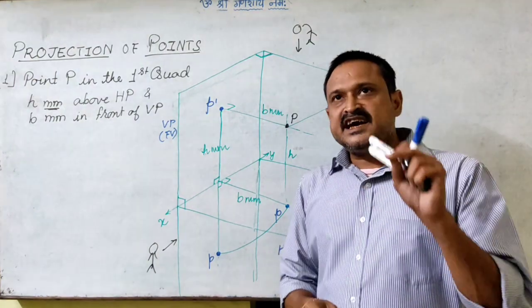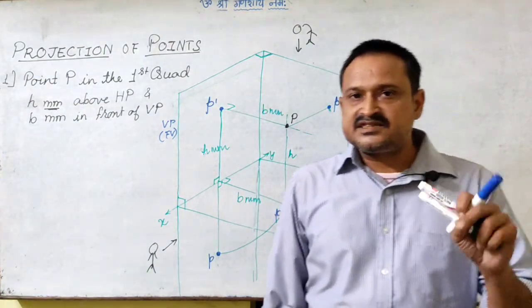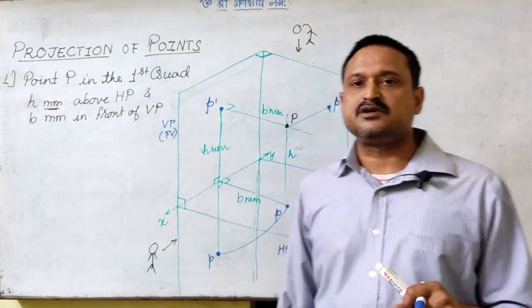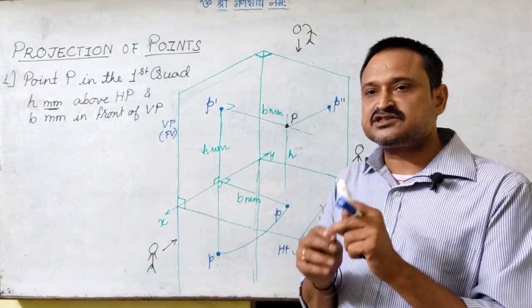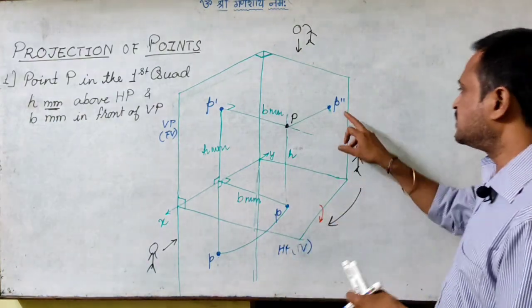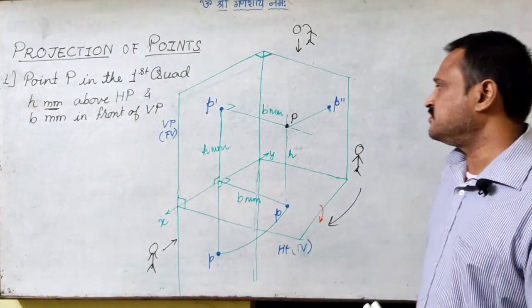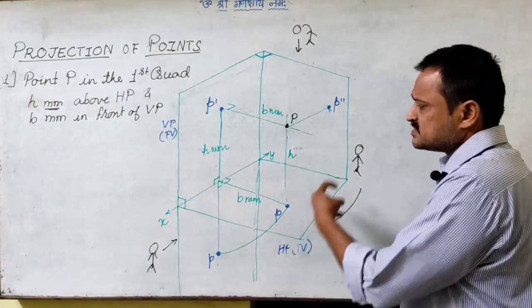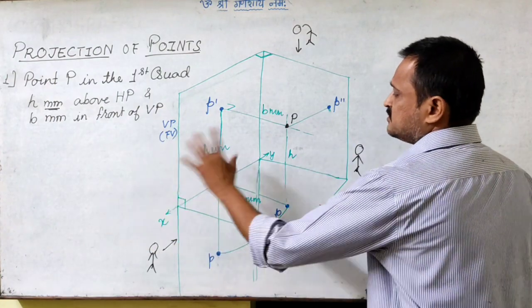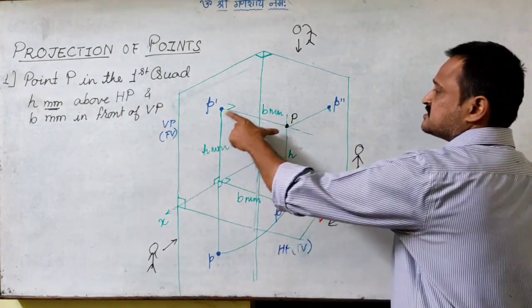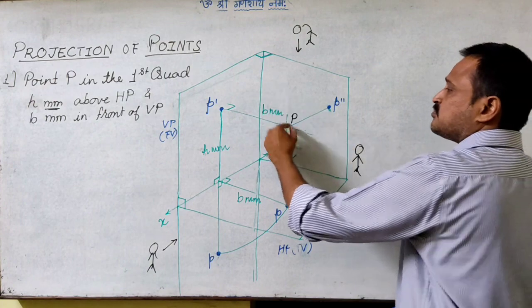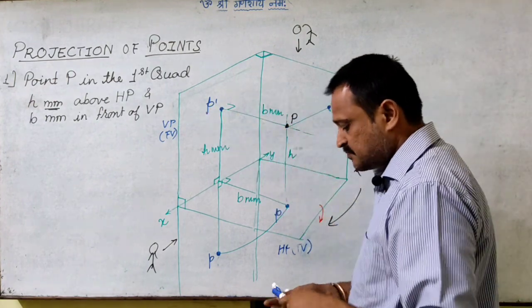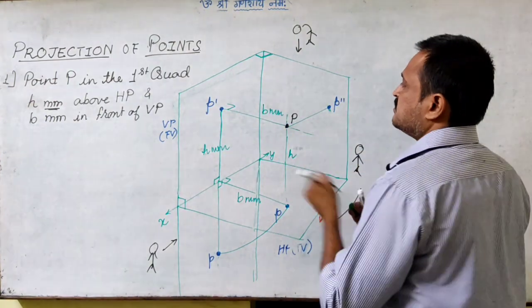So if it is P dash, that means it is front view. If it is simply the smaller case p, it is the top view. And if it is P double dash or the alphabet with a double dash, it will be the side view. Now when we move to the side, we will be able to see the height as well as the distance of the point from the vertical plane.